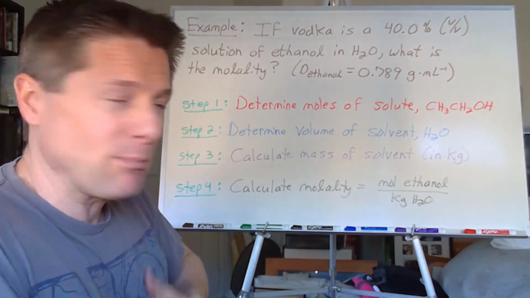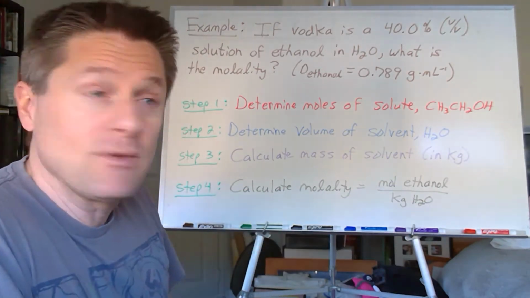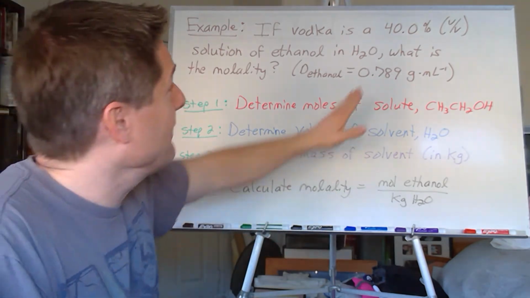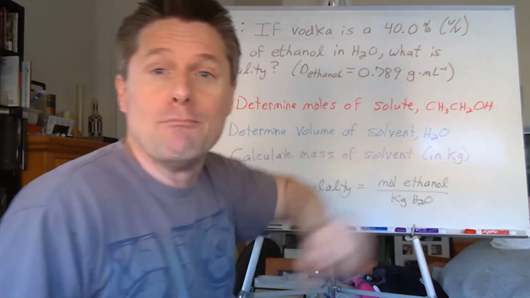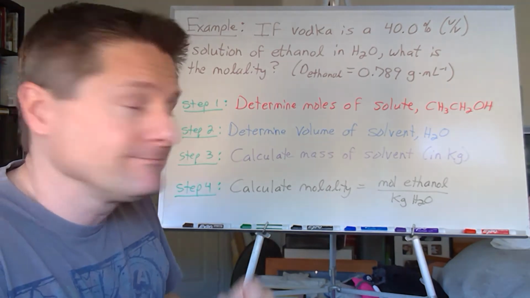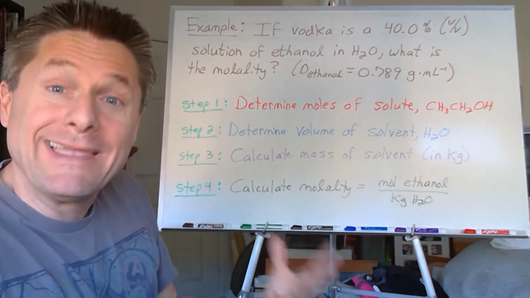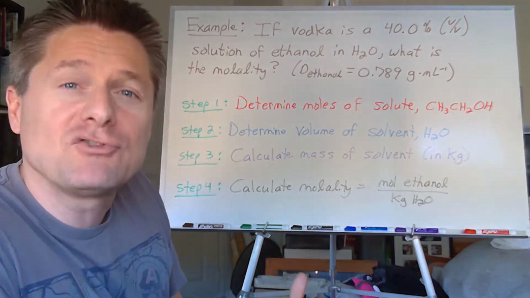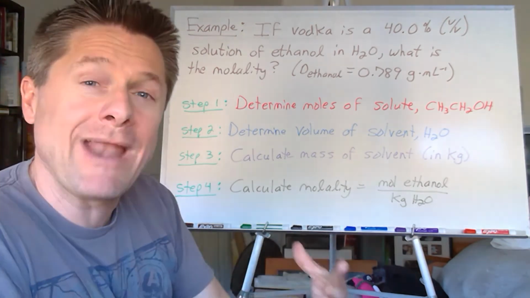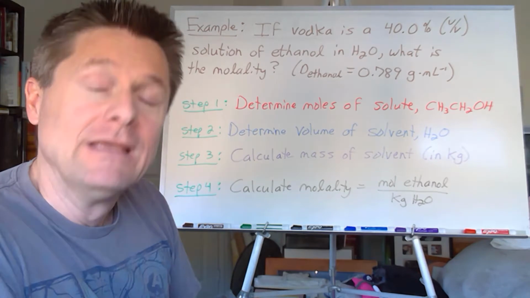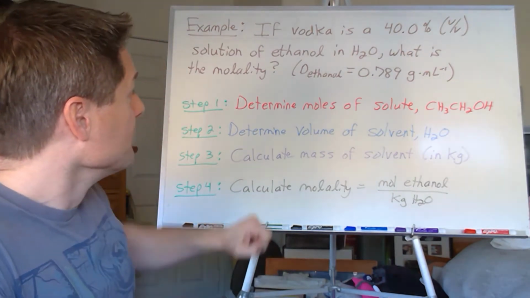Now we need kilograms. Well, we aren't given mass. We're given volume, which would be 100 milliliters of vodka. What do we do? We need the volume of the solvent. So again, some of these newer second semester general chemistry units, we need to extract the solvent information from the solution information.